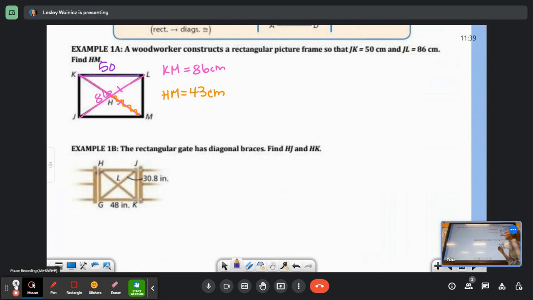Okay, so here we have a rectangular gate with diagonal braces. We have to find HJ and HK. So HJ is this one, and HK is that one. We know the gate is a rectangle, so if this is 30.8, this one is also 30.8.